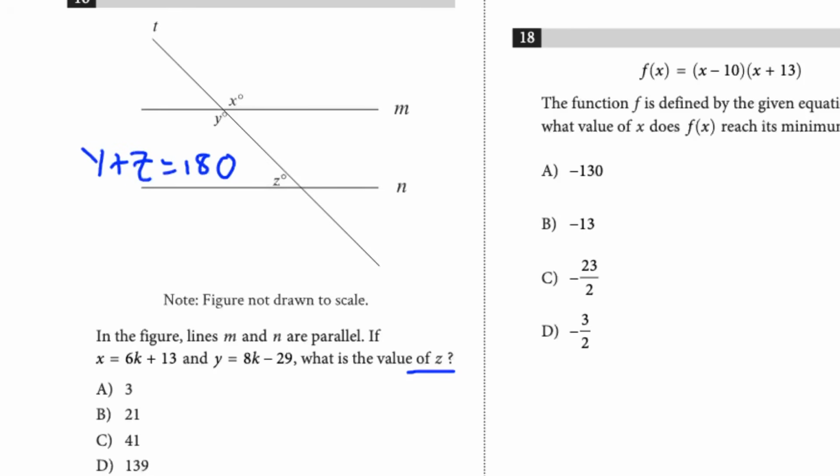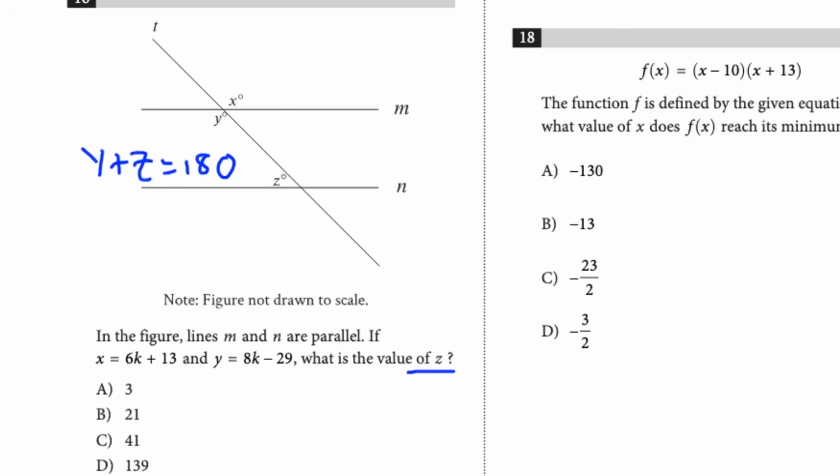Okay? So if you know that, then you can easily find z. So the process for this: set x and y equal to each other, find k, plug that back into y, get y, and then do 180 minus y, and that'll leave you with z.